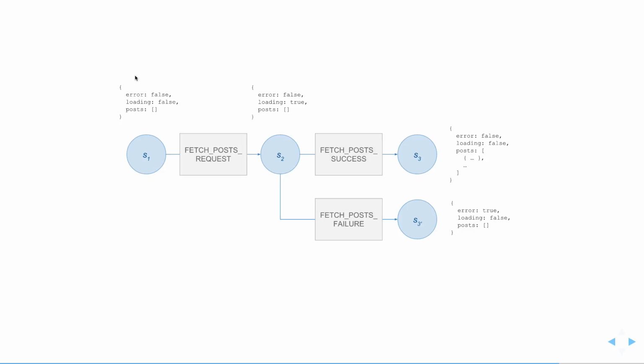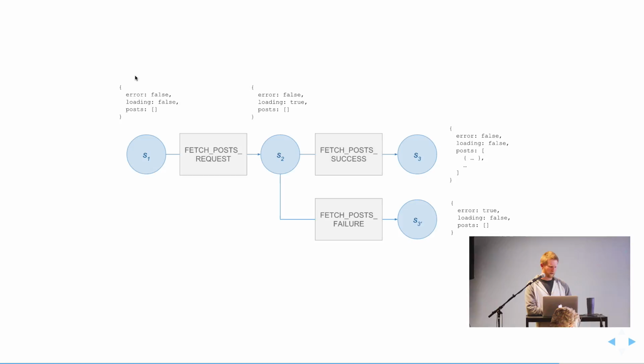We haven't initiated any API requests. There's no errors. We're not loading anything, and we have no posts. So we can transform that fetch post action and initiate the request, and then dispatch an action that indicates that we've started the request.